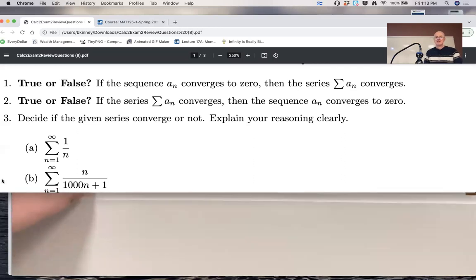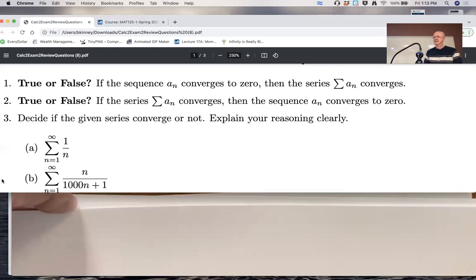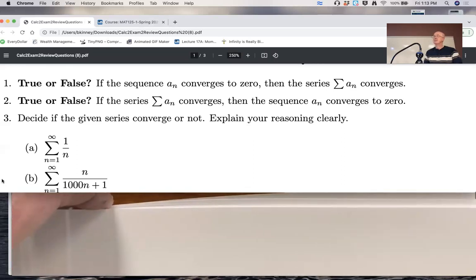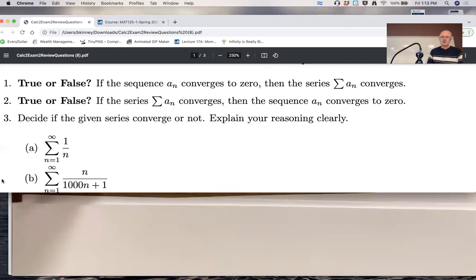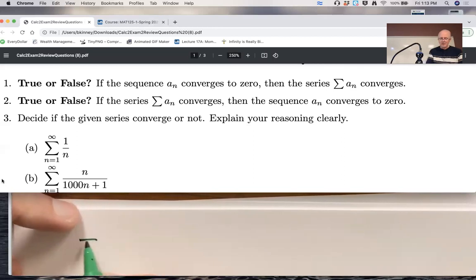Harmonic series. And what did I tell you about the harmonic series? It diverges, and that's just something you are allowed to quote. We know the harmonic series diverges. You're also allowed, by the way, to quote when P series converge or diverge. A P series is a series of this form.